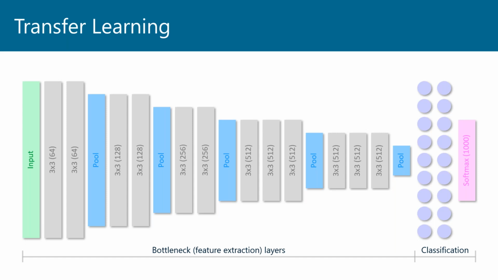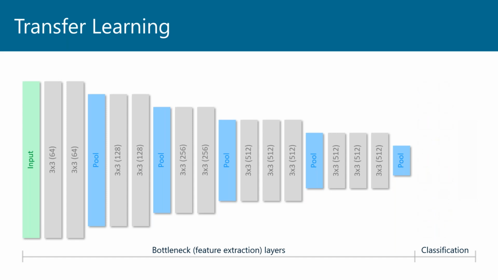They're actually much deeper and more sophisticated today. What it allows us to do is take the so-called bottleneck layers of that CNN, the layers that extract the features from the images using convolution kernels, and downsize the images with pooling layers so they can recognize different features at different resolutions, and strip off the classification layers that tell the network what those features represent.